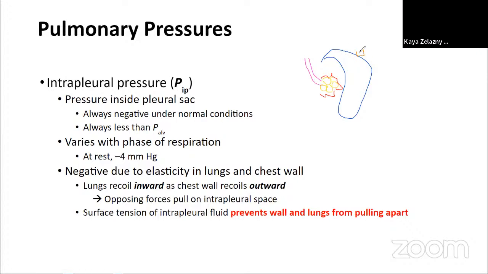And what's there? So the intrapleural pressure is the pressure here in the sac.